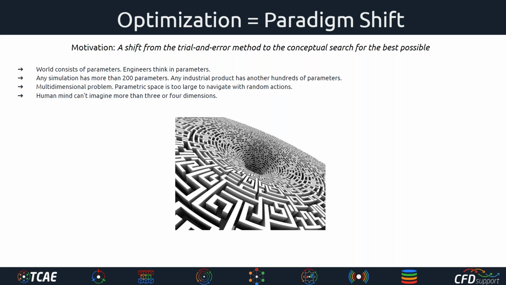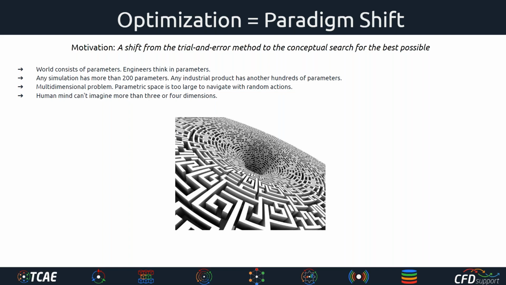That means 10 years ago, we were used to cleaning the geometry, setting up the model, setting up the simulation, running the simulation, and looking at the results one time in this process, and that was pretty much it. But that's what we called the trial and error method, right? We tried something, looked at the results, and when it was good enough, we used it.